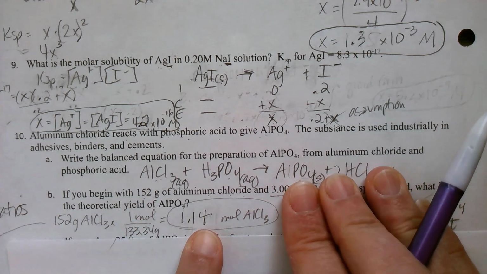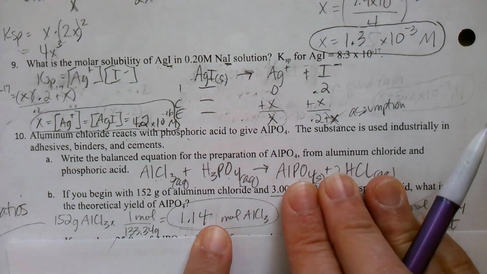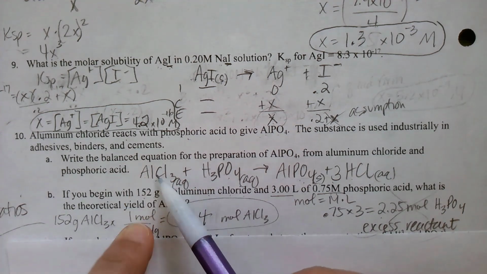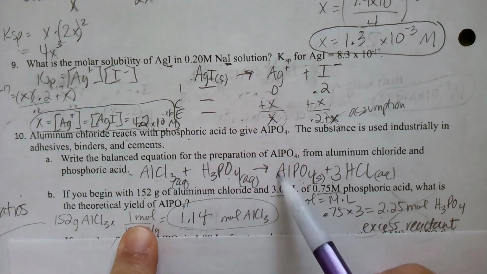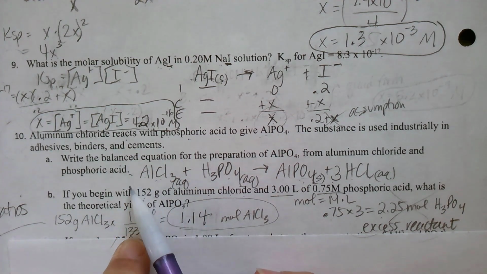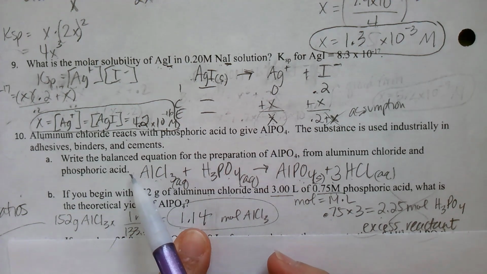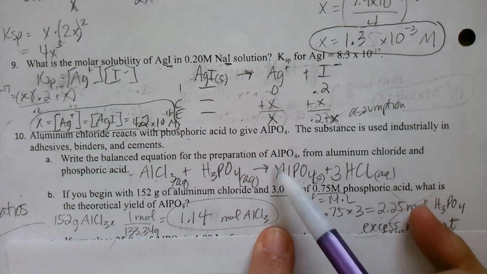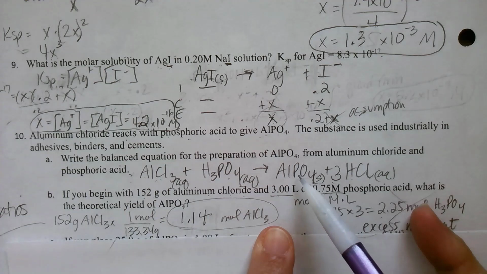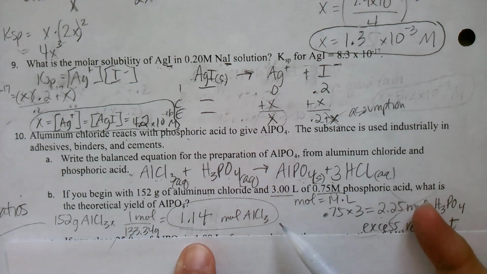And so I did right here, found the molar mass. I know how many moles of aluminum chloride I have, so I'm going to then look and go, well, if it's a 1-to-1 ratio, if I have 1.14 moles of aluminum chloride, I'm going to have 1.14 moles of product made. So it's a 1-to-1 ratio.